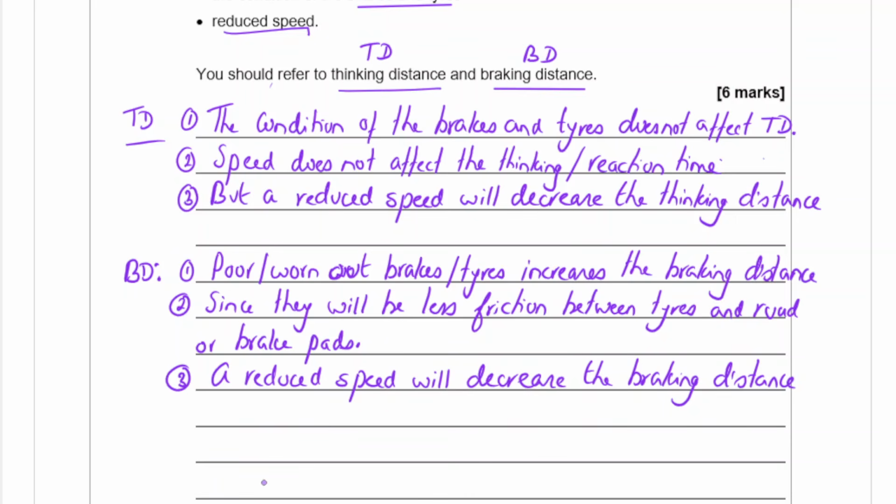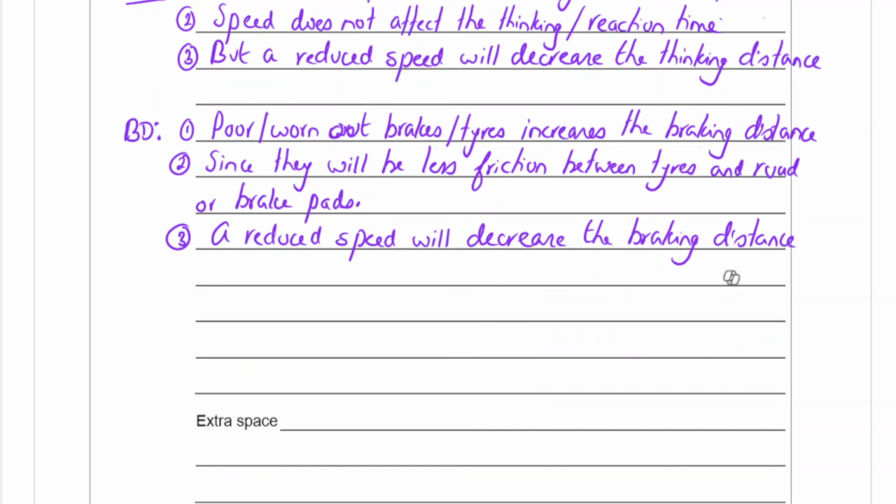Now, let's combine both of these. We've talked about the thinking distance and the braking distance, and how they are affected by the brakes and tires and the reduced speed. In terms of safety, how will this affect the user's safety?